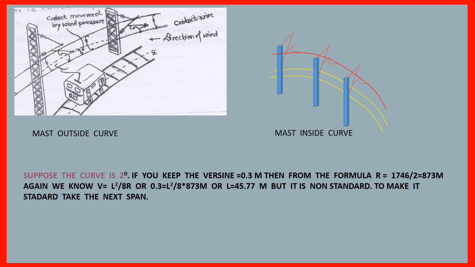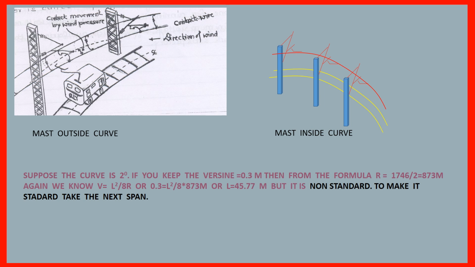Friends, suppose the curve is 2 degree. If you keep the versine equal to 300 millimeter, means 0.3 meter, then from the formula R is equal to 1746 by theta.